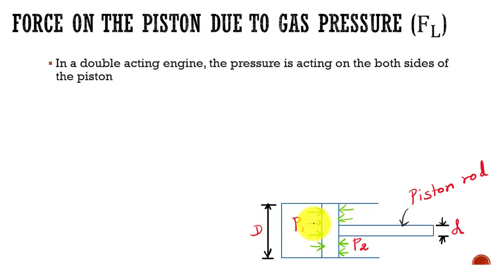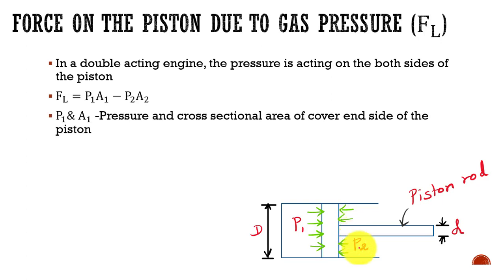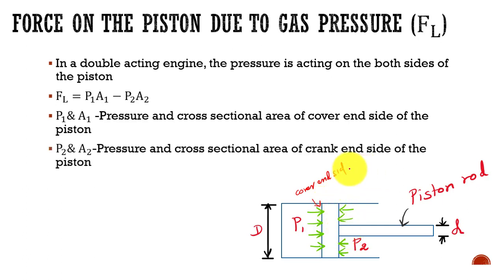Okay, so this is the double acting cylinder. Here the pressure is going to be acting on both sides of the piston. On this side it is P1, on this side it is going to be P2. Similarly, this side we call the cover end side, and this side we call the crank end side.